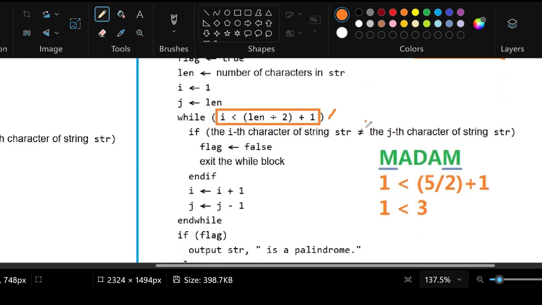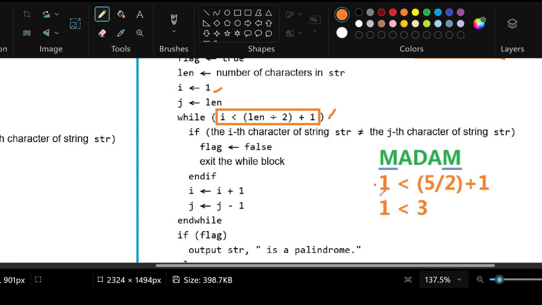If, for example, we are going to start with 1, and the i here would be less than this value here, would we be able to get the correct output?